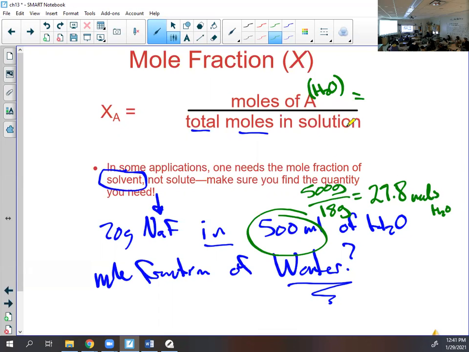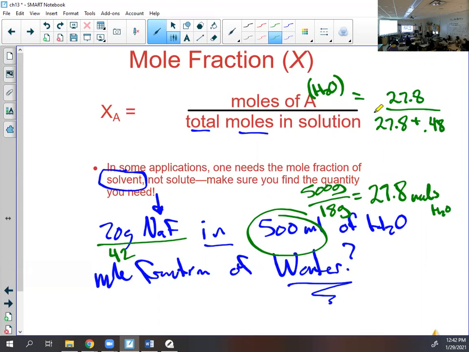Okay. So that's my numerator. 27.8 over 27.8 plus, what do I need next? The moles of NaF. All right, so I take 20 and divide it by the molar mass, which is 42, is that right? Yep. And I get what? 0.47.